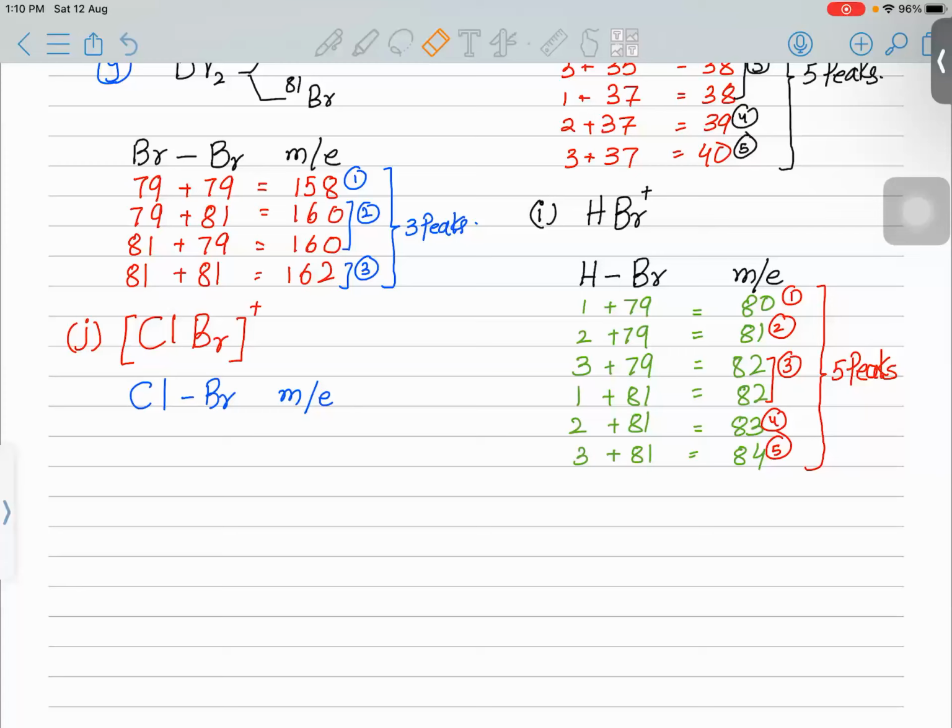Here ClBr is covalently bonded. One electron is short in this molecule. That's why the positive sign is over ClBr. So that means one electron is being lost from the molecule. Right. Okay, I got it.